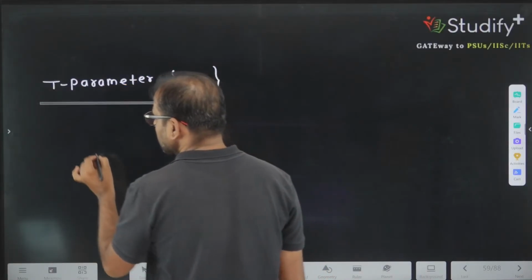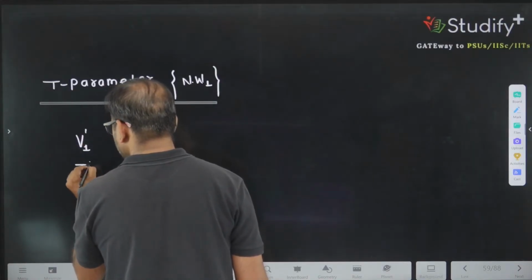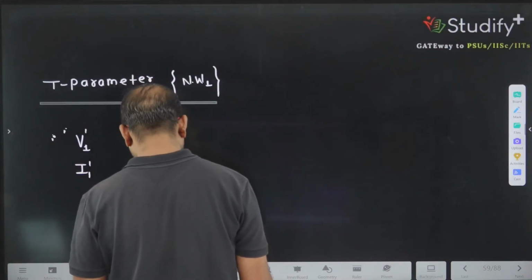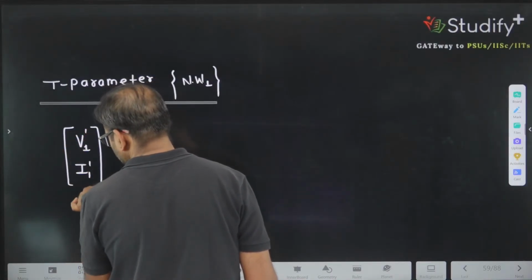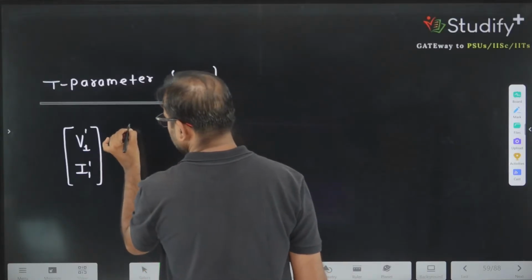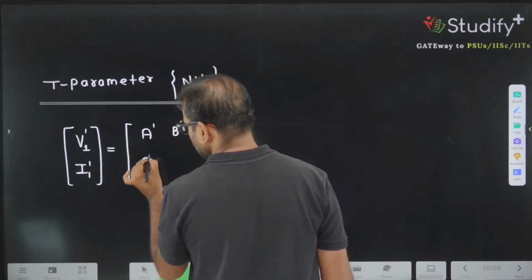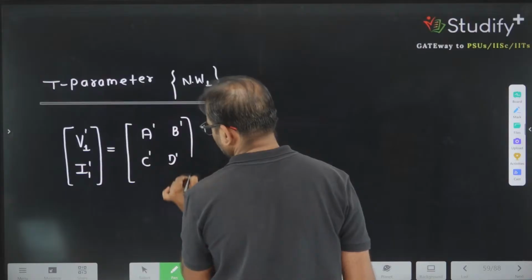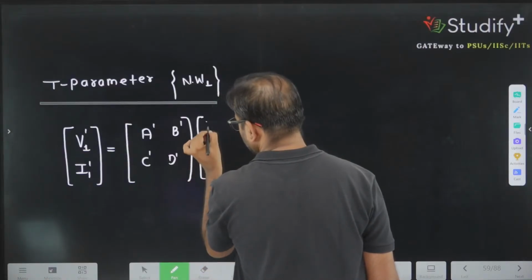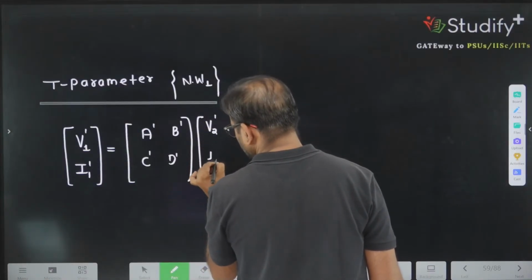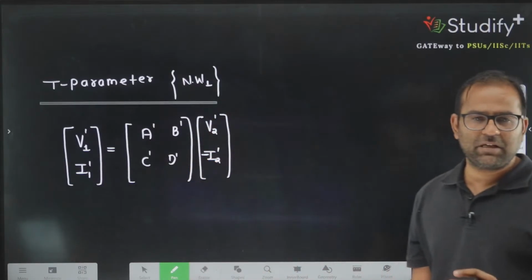So you can say V1 prime, I1 prime can be represented as A prime, B prime, C prime, D prime times V2 prime and minus I2 prime. This is the two-port T parameter for the first network.